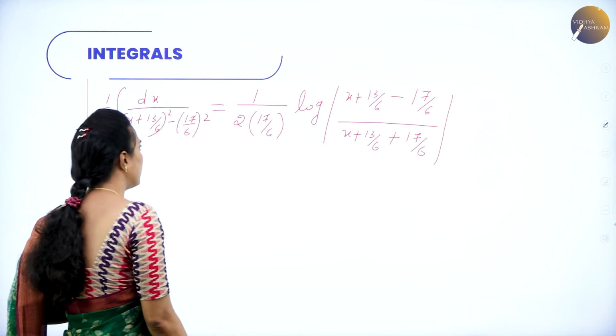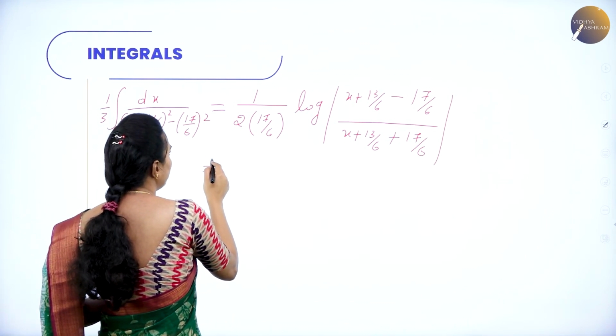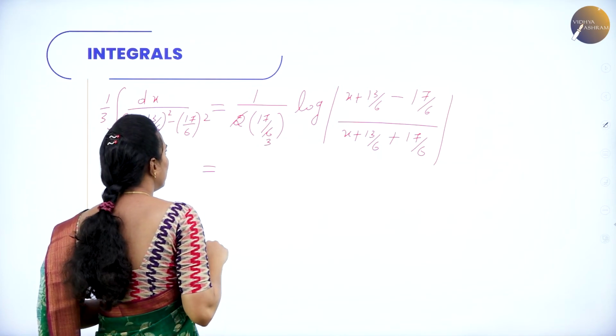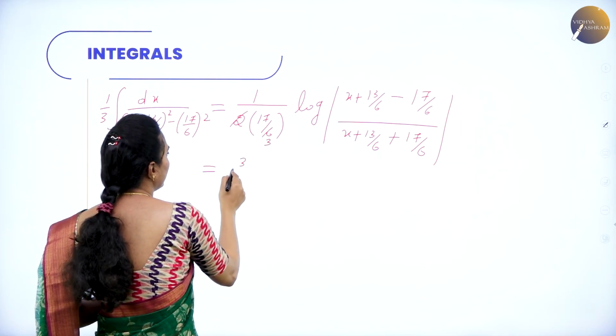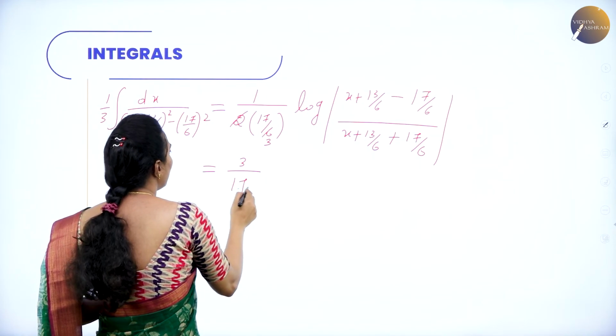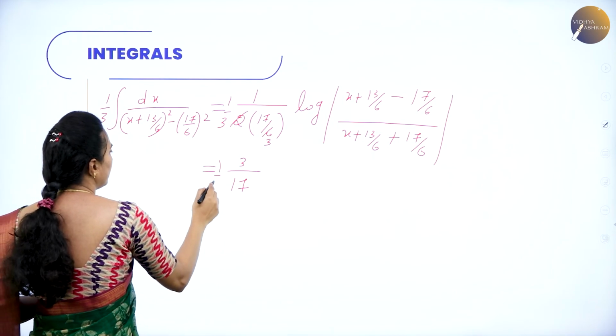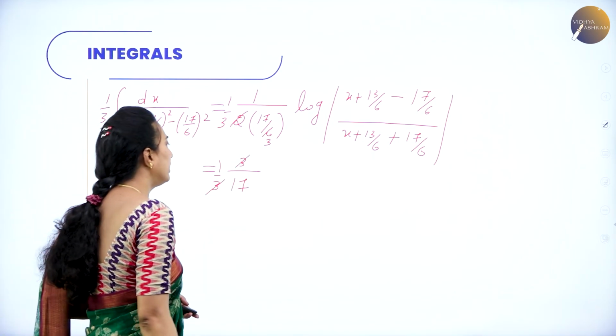Now taking the LCM here, 2 ones are 2, 2 threes are 6, so 3 will go to the numerator, 3 divided by 17. Already I have 1 by 3, I am missing this, 1 by 3 will be multiplied here. Now 3 also will get cancelled.